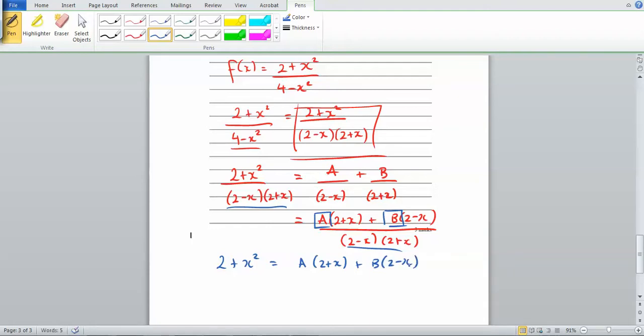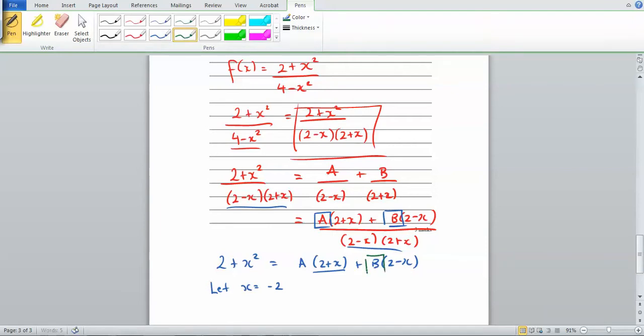What we do now is substitute, so let x equal minus 2 in the first case. We can sub in a known value for x, in this example minus 2, and that's going to cancel out the a term, and then we're just going to have one unknown. So we can then find what b is.